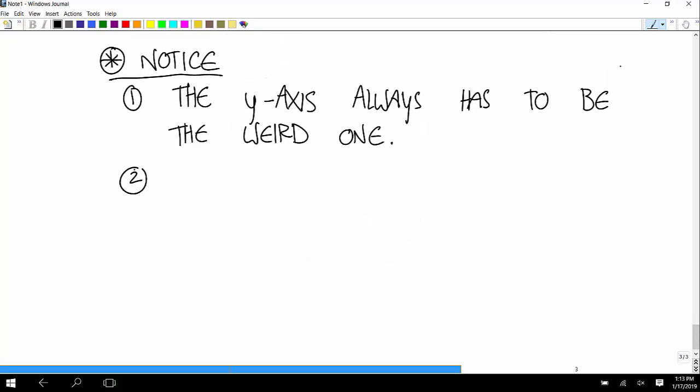Second, the cross product is often called the vector product. Why is that? Yep, right, because the output is a vector.